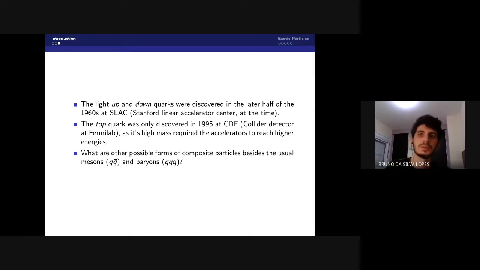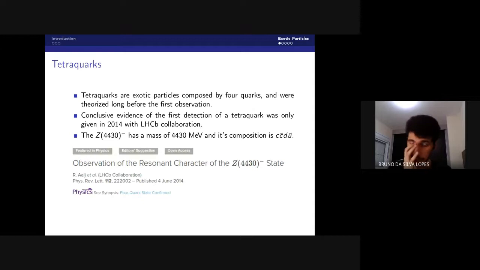So we know those quarks can combine to form mesons, a pair of two quarks, and baryons, composed of three quarks. So are there any other forms that those particles can combine to form matter? And the answer is yes. Those are called the exotic particles.